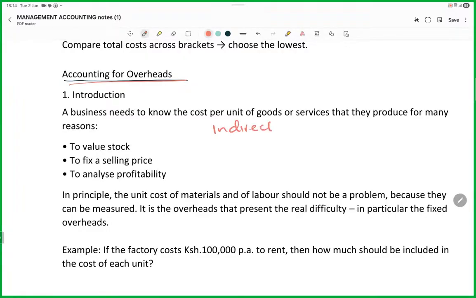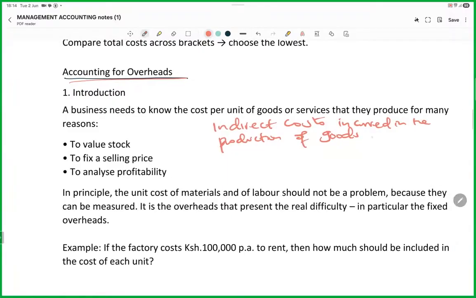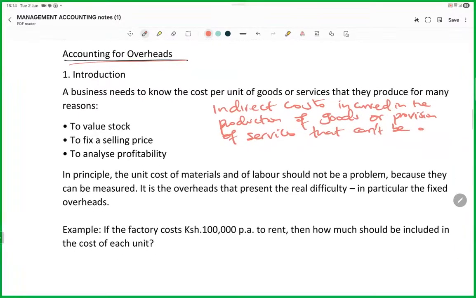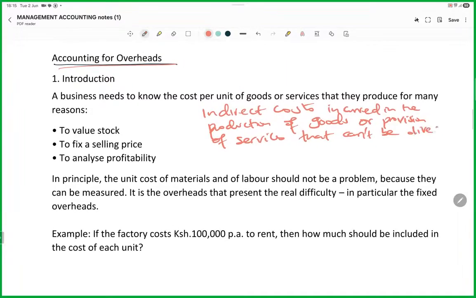These are indirect costs incurred in the production of goods or provision of services, that can't be directly traced to specific products or jobs.